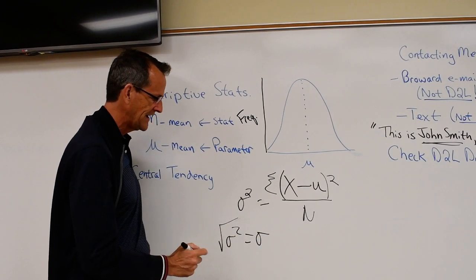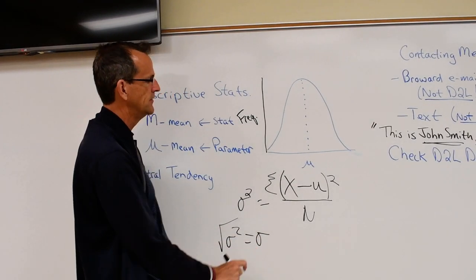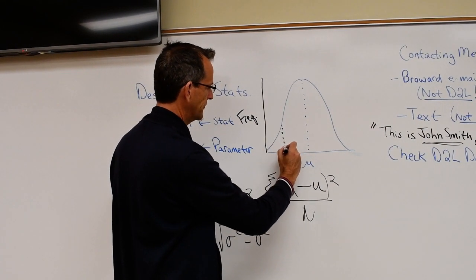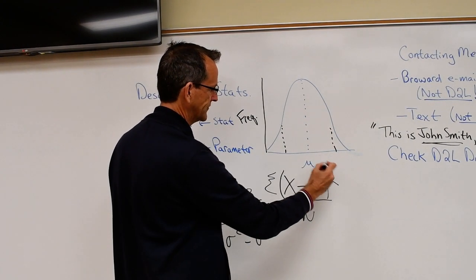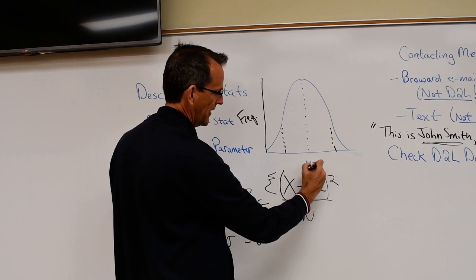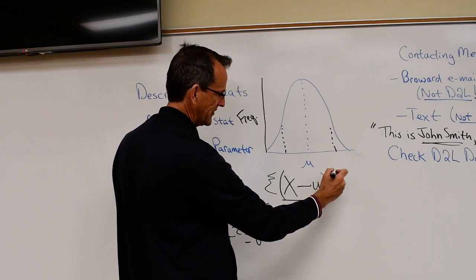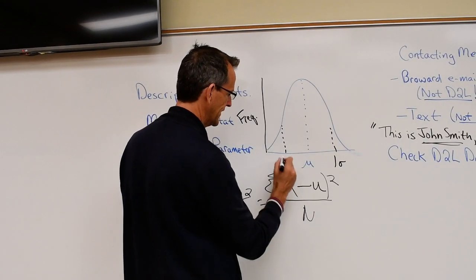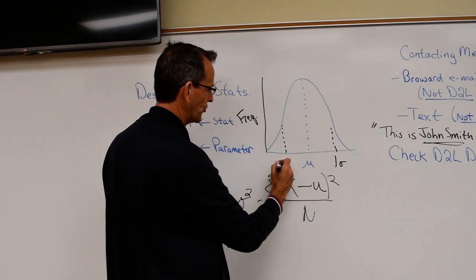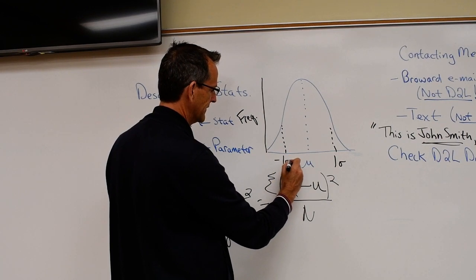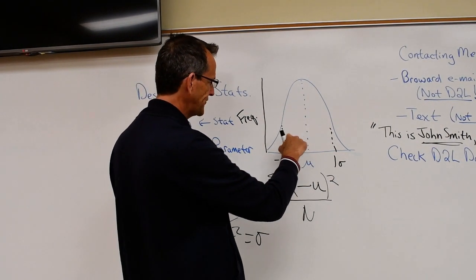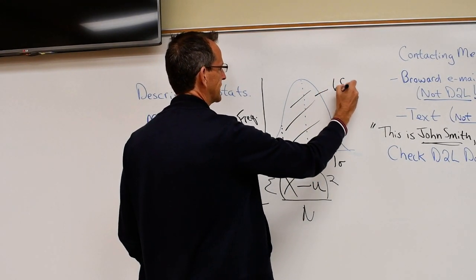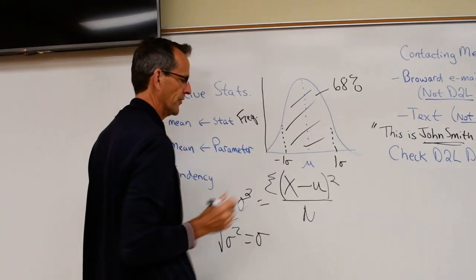Sigma, or standard deviation, is really, really useful because if you were to draw a line here and a line here, so that this is the mean plus one standard deviation, we'll call it one standard deviation, and this is the mean minus one standard deviation, this area in here is always about 68% of the total population.